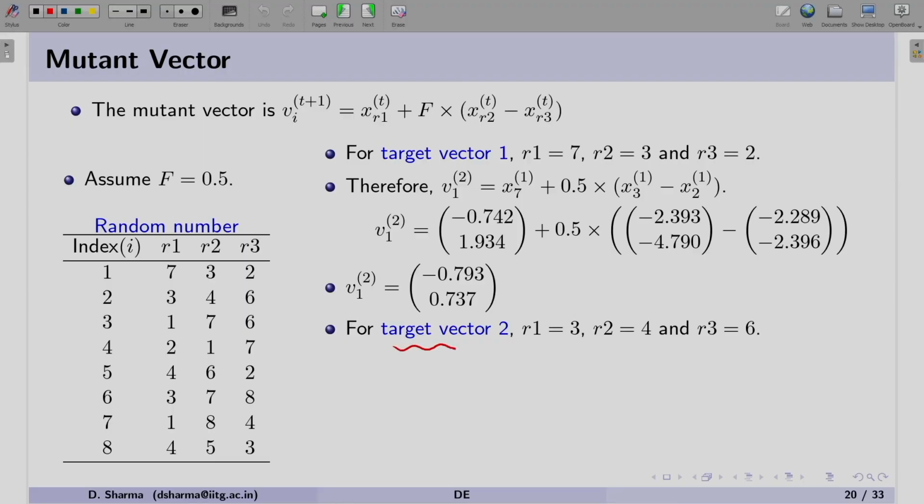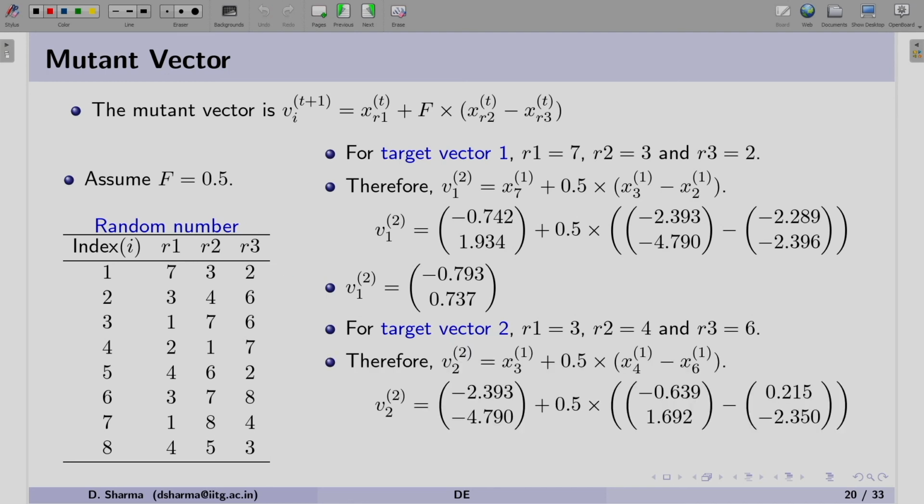Just to explain one more time, let us do the same calculation on target vector 2. For this target vector 2, we have r1, r2 and r3, which we have selected from this particular table as 3, 4 and 6.